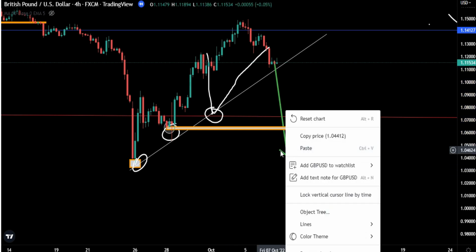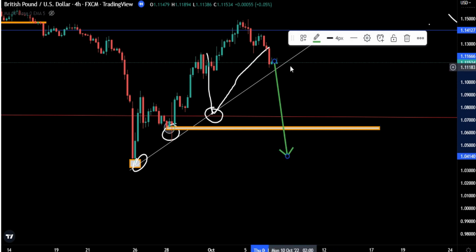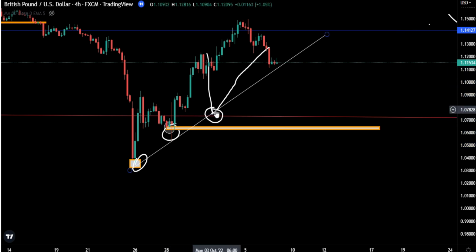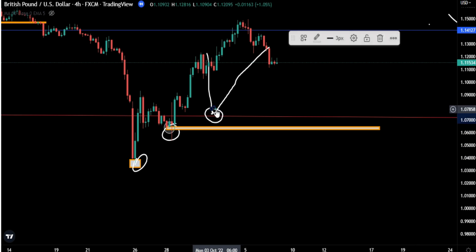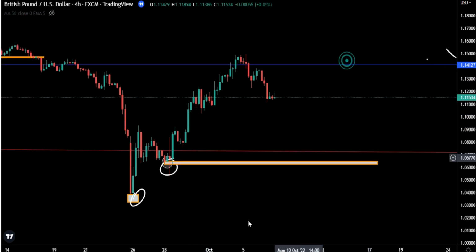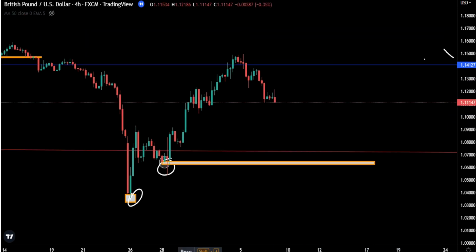But if the price was not able to break it and creates another low which is higher than the previous low, then we confirm this as an uptrend, guys. So let's see what happens with the price.